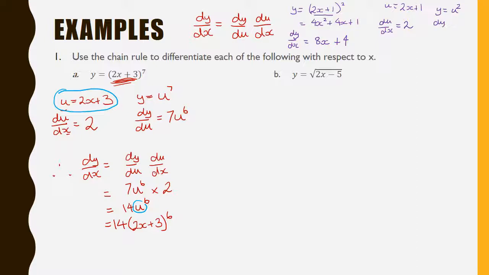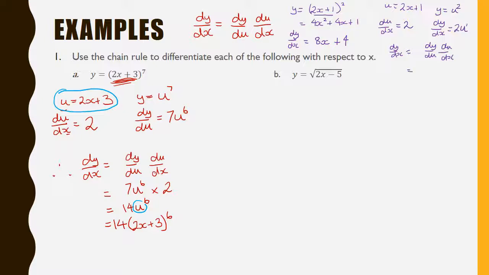And if I find dy/du, the derivative of u squared, I multiply by the power and subtract 1 from the power, which gives a power of 1. The chain rule says that to find dy/dx, we have dy/du multiplied by du/dx.